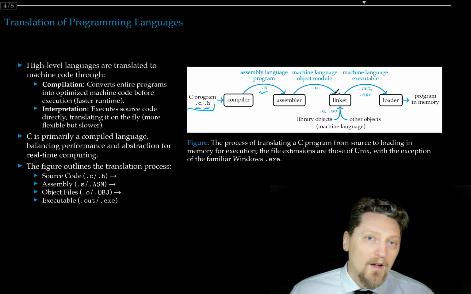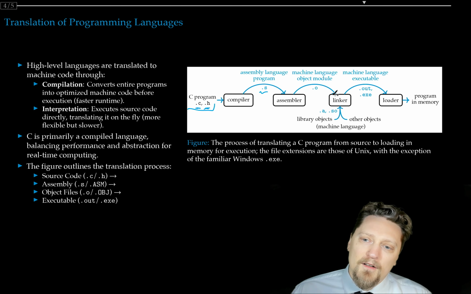And these are made by libraries that are used in our code that are not part of the base C language. What comes out of the linker then, so that goes to the linker. The linker links up library objects to our machine language object module, and what comes out are machine language executables.